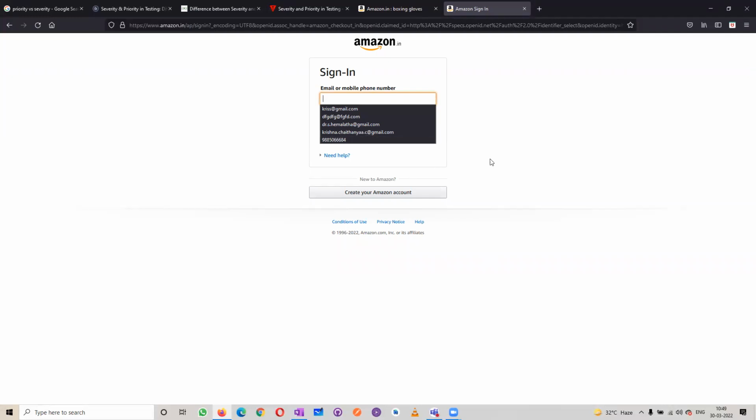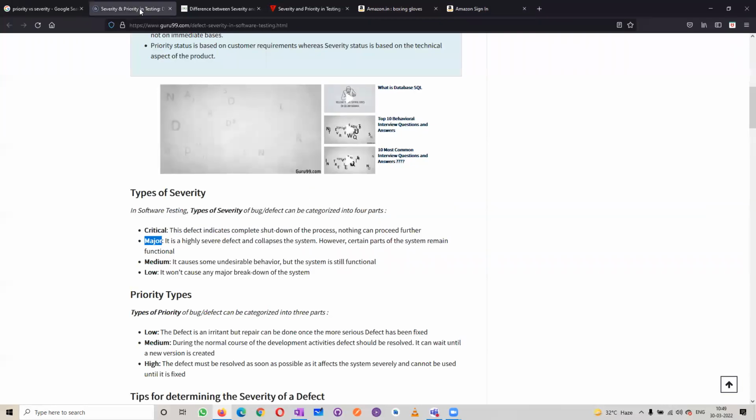The remaining functionalities are working, but anyway, I can't go and place the order. Still, other parts of the system are working fine. So this is called major.